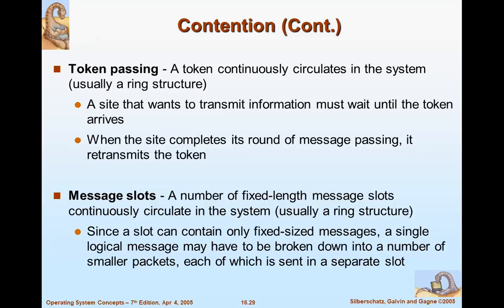Similarly, we have the message slot. A number of fixed-length message slots continuously circulate in the system. A number of fixed slots continuously revolve inside your system in the form of a ring, and this is just like a cabin in which you can put your data.